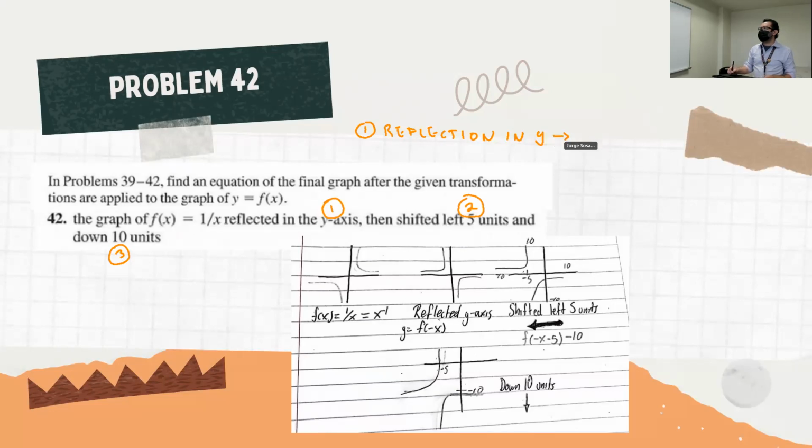This would mean that f of x now is going to be equal to, we're going to substitute minus x into f of x, okay? So that would mean that f of x now is going to be 1 divided by minus x, which is the same as minus 1 divided by x, okay? Then 2.